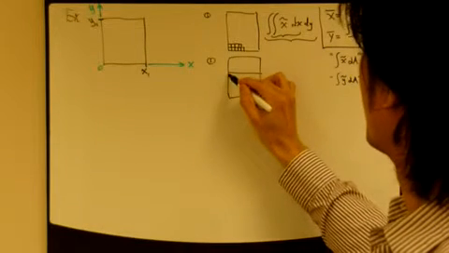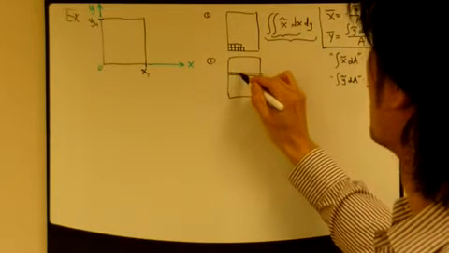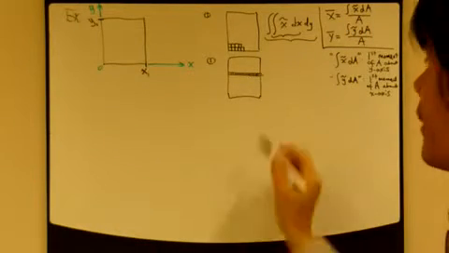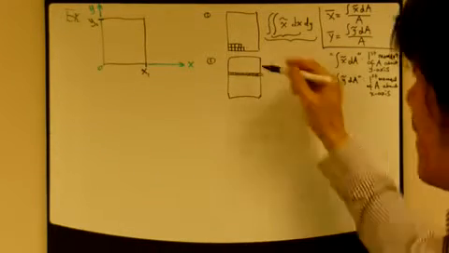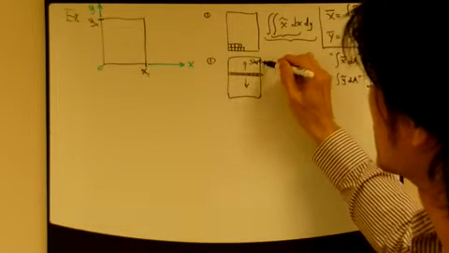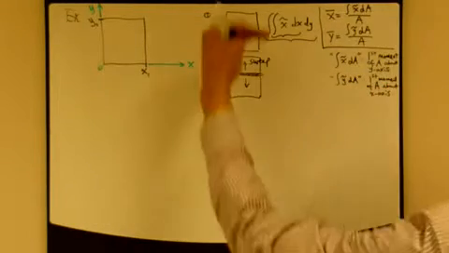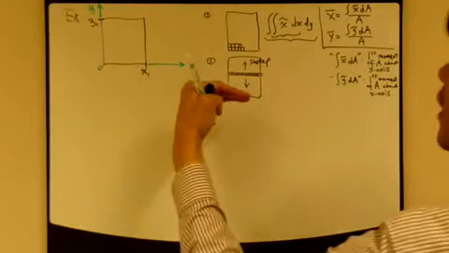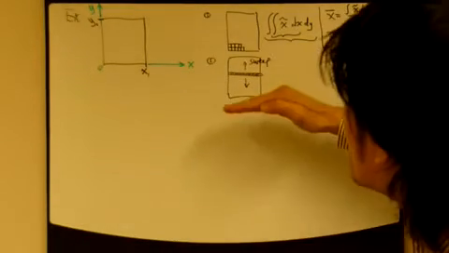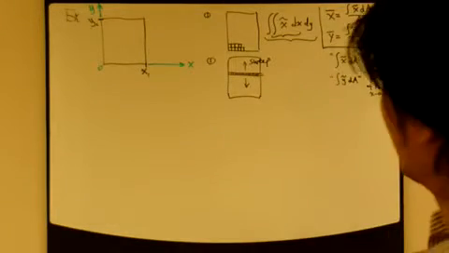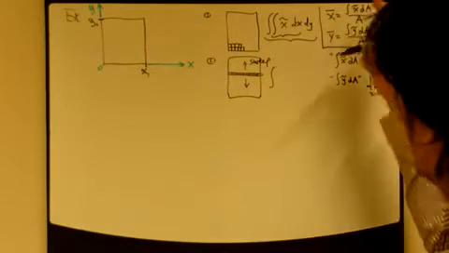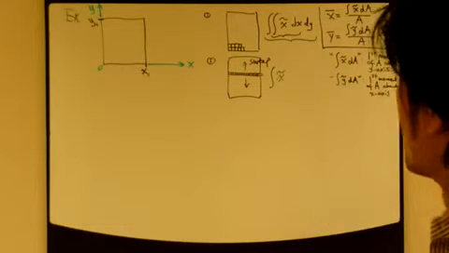The second way to do this, you define a strip of element, an elemental strip, like this. And then you sweep it up and down, let's say from this location all the way up. As long as you cover the entire area, then you're okay. So this can become x tilde.